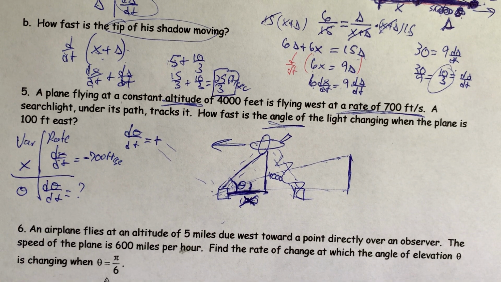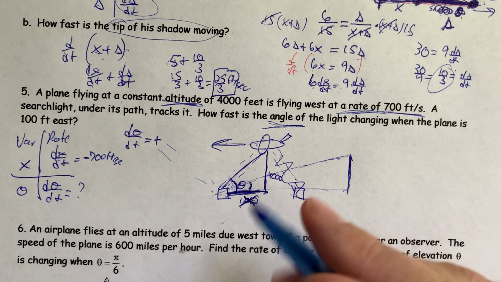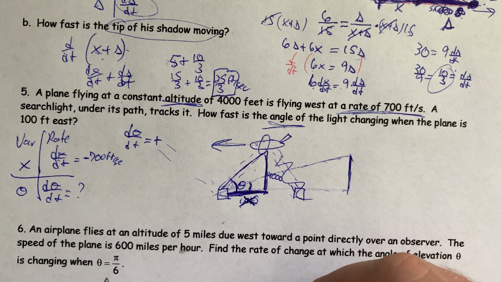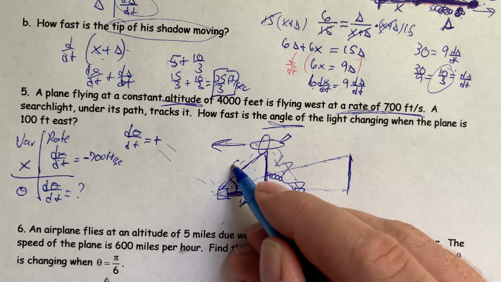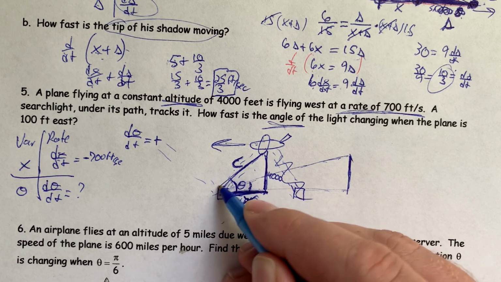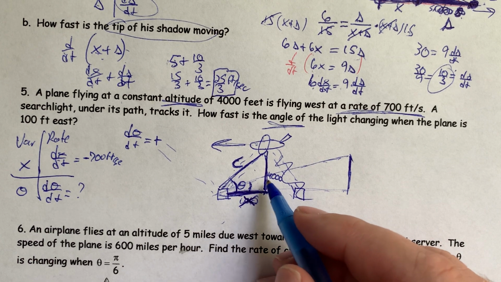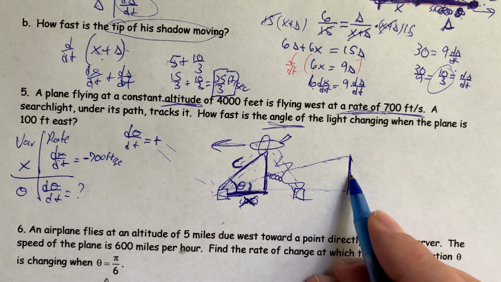And so I need a relationship between x and theta. What I can have in my equation is any constants. What I cannot have is another variable. So this side is x, and that's clearly changing. The height is not changing. What about the hypotenuse, is that a constant or is it changing? Think about this other place right here.